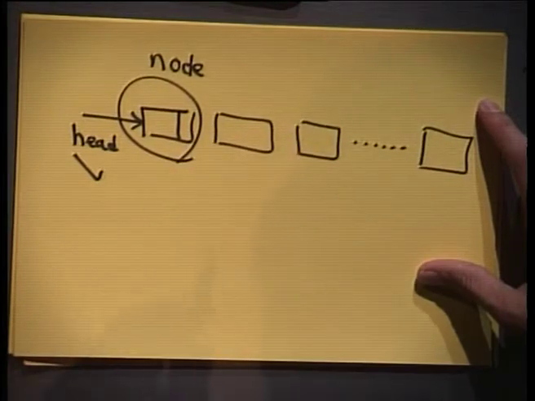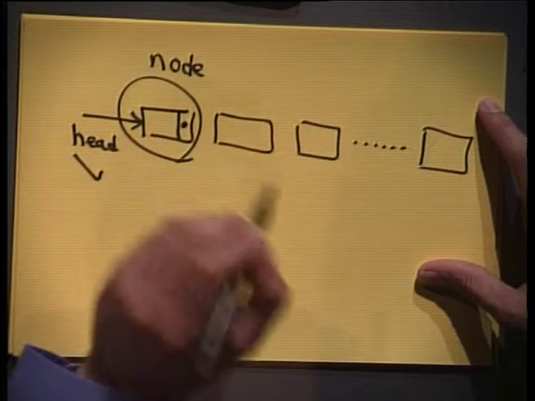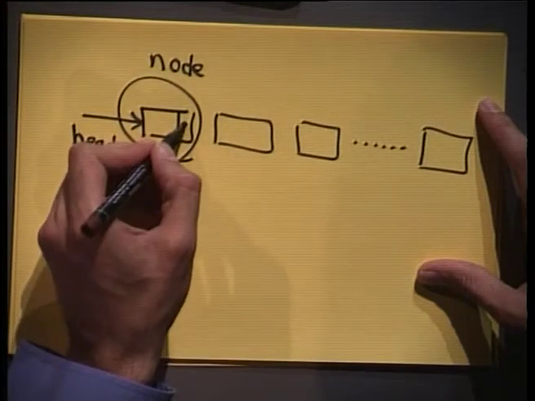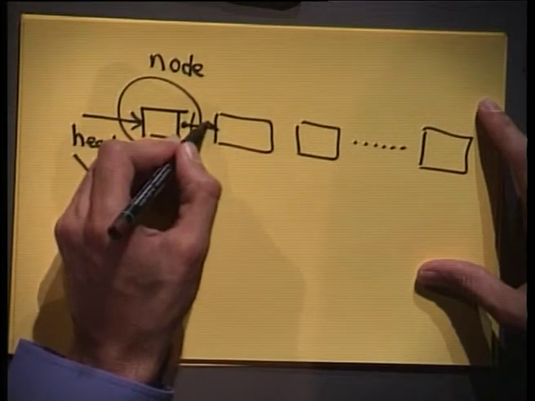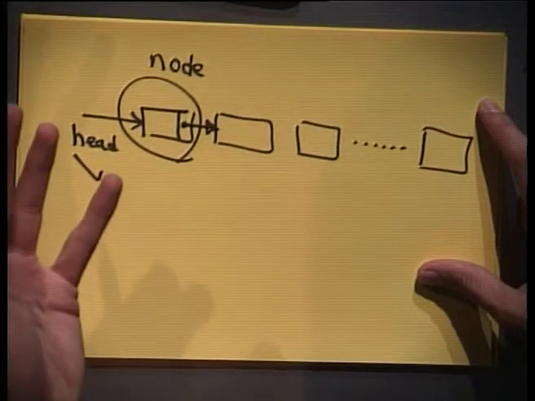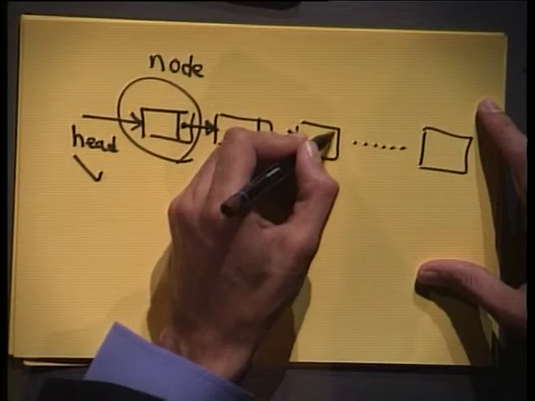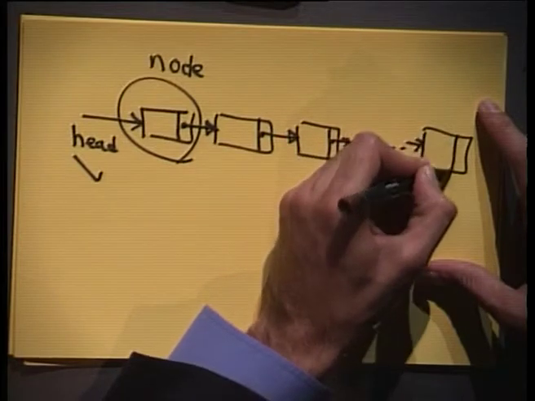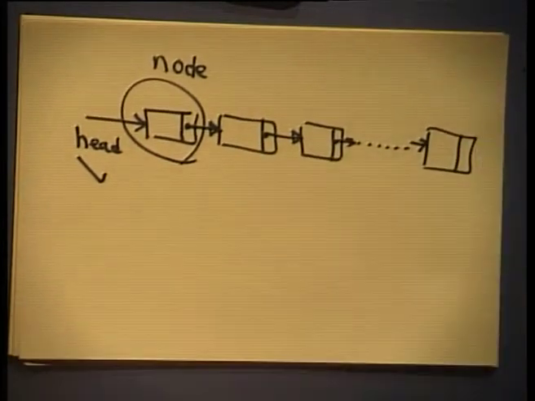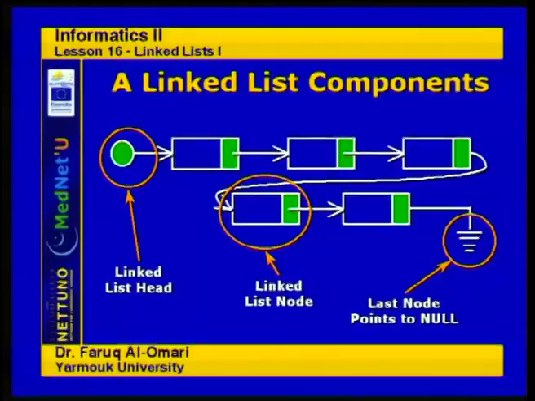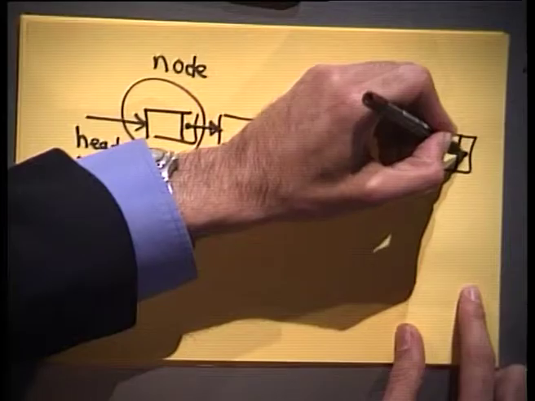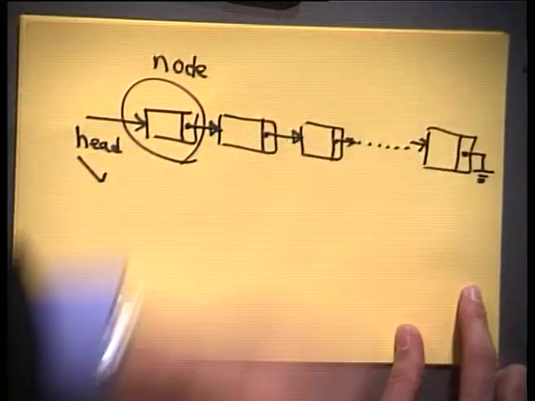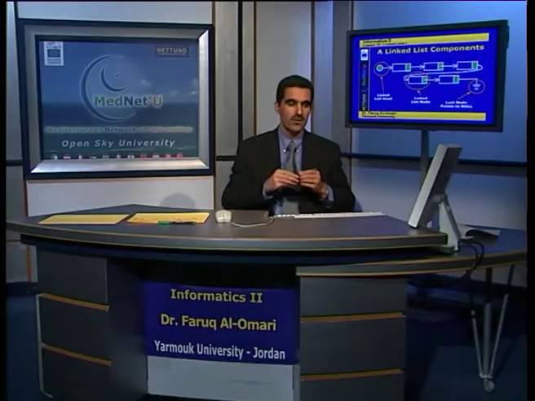Okay? In each of these nodes, I have, in its definition, a pointer that points to another node of the same structure, same definition, and same in here, and for this one. And the very last one, as I said, points to null, to nothing.